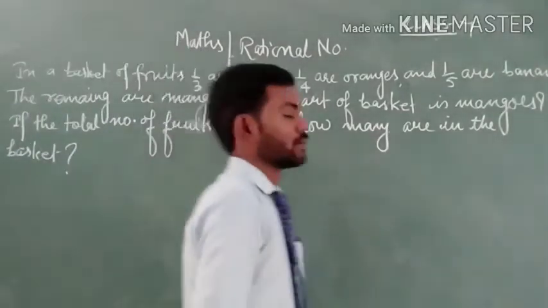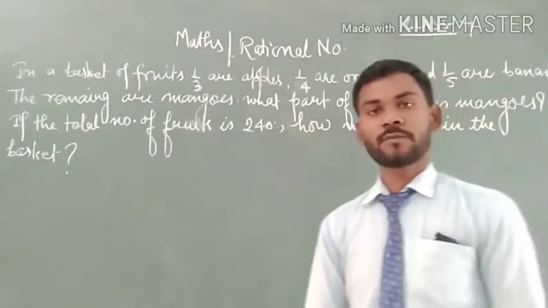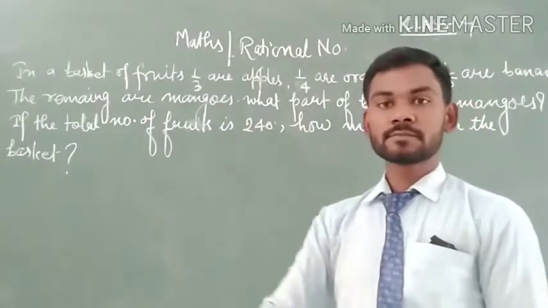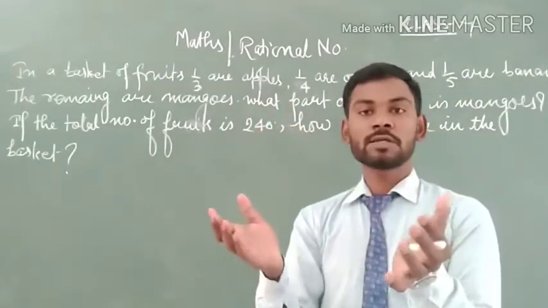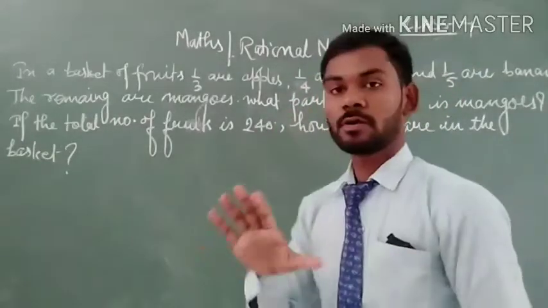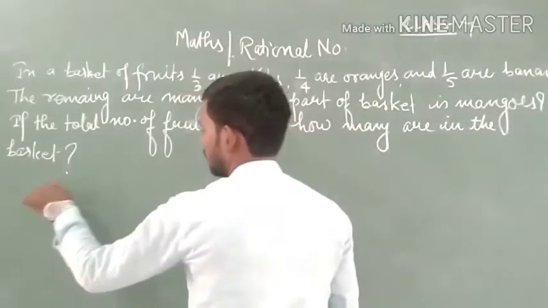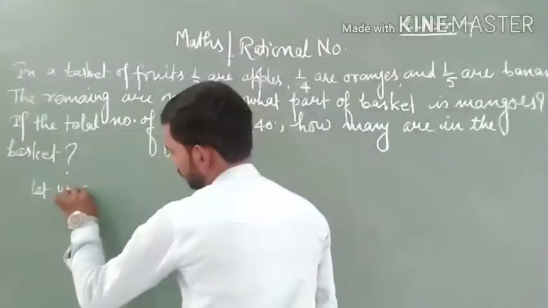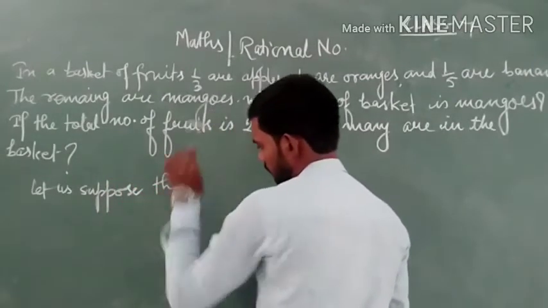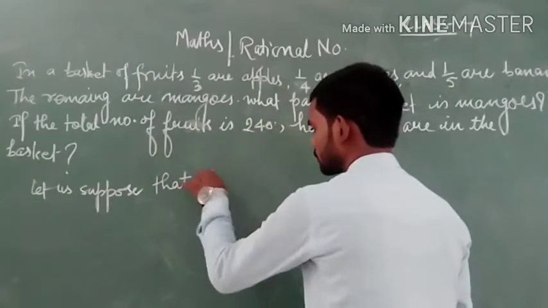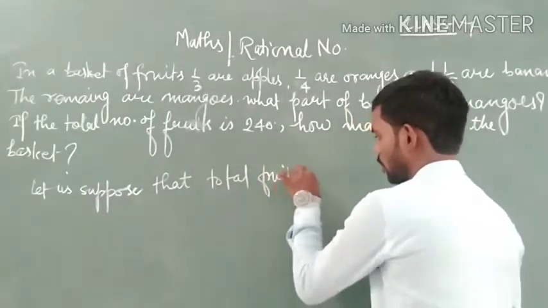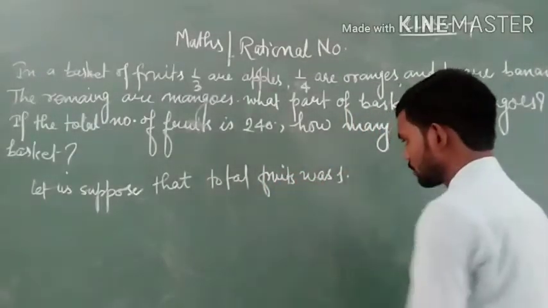Okay students, so in order to solve such type of question, first of all we can suppose that the whole was 1, okay, because these are the parts of the whole. So let us suppose that the total fruits was 1.